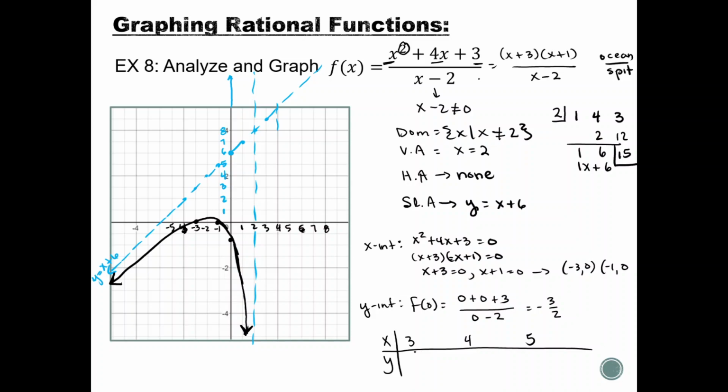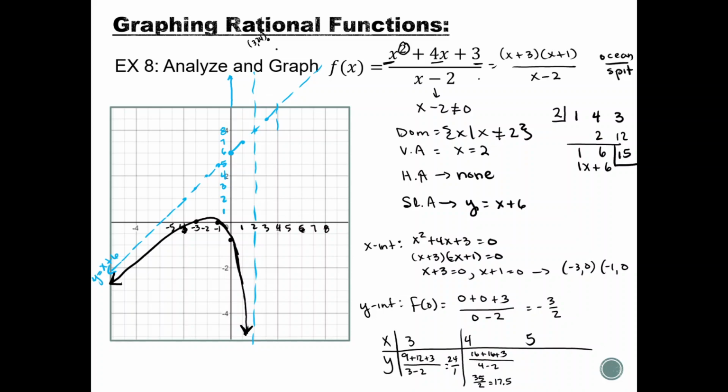So if I plug in a 3, I'll get 9 plus 12 plus 3 over 3 minus 2, which gives me 24 over 1. So that point is going to be way up here at (3, 24). Okay? If I plug in a 4, I'm going to get 16 plus 16 plus 3 over 4 minus 2. So that's going to be 35 over 2, which is 17.5.